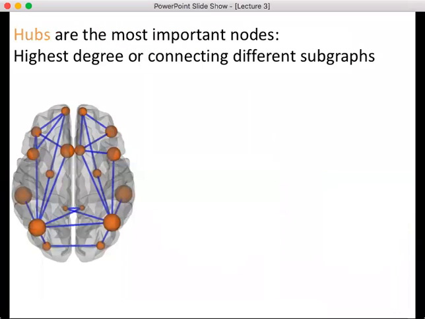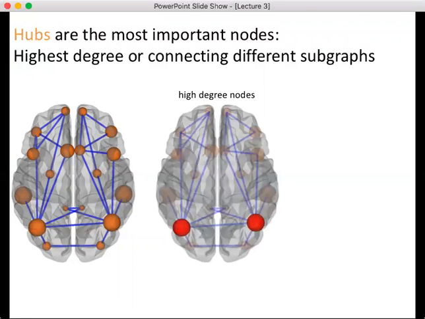Okay, and finally, we can think of hubs. Somehow, the definition of hubs is not so mathematically clear-cut. Hubs are nodes that are important for the graph. What does important mean? Well, it depends. You can have, for example, nodes with a very high degree. So we can say nodes with a high degree are hubs. Why? Because they have lots of connections.